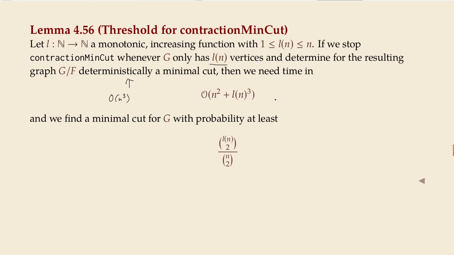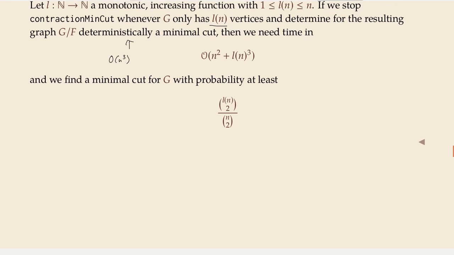And then the overall running time can be shown to be essentially quadratic plus a term that's cubic in this cutoff parameter. And the probability for one of these runs is now not just 1 over n choose 2, but L of n choose 2 over n choose 2. So let's see how we can prove that.